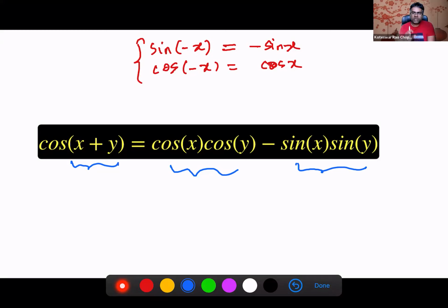We will first try to understand why this is true. Why is cos of x plus y equal to cos of x multiplied by cos of y minus sin of x multiplied by sin of y? This is the first step. We want to understand why this is true.